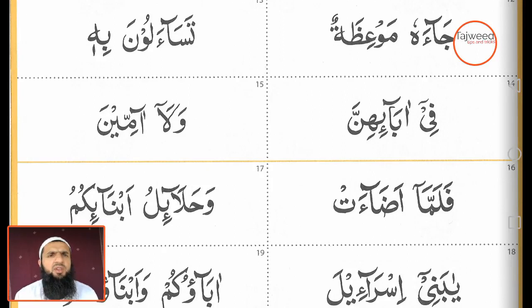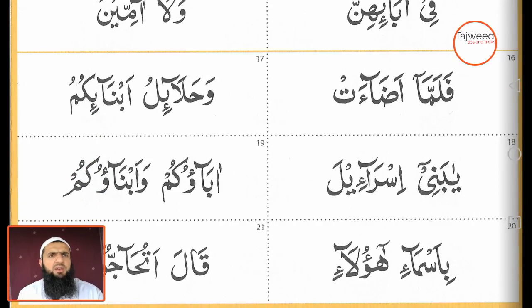So as you can see, things are getting a little bit more complicated. Box 15, again you've got the mummy mud, the 3 second one, and then after that you've got the daddy stretch at the second one. Wala amina, you've got the mim mushaddada gunna there as well.